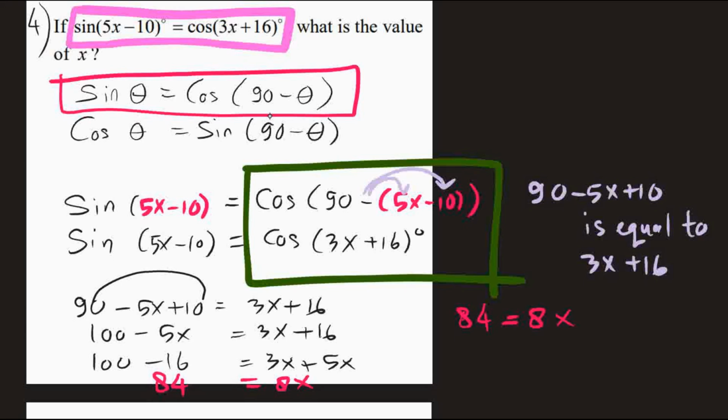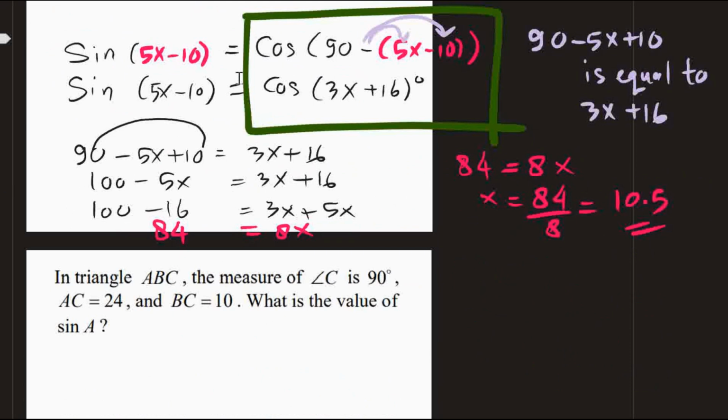So we get x equals 84 divided by 8, which is 10.5. That will be our answer. The value of x is 10.5. This is our final answer.